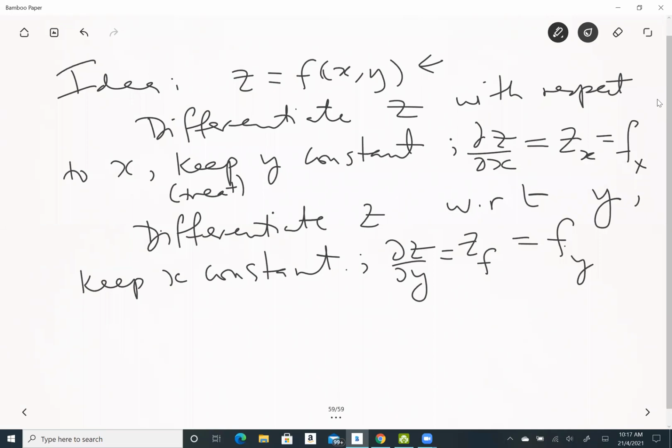If I differentiate z with respect to y, x is constant. That is what you call partial derivative, and that's where the word partial comes from. So let's look at a few examples.